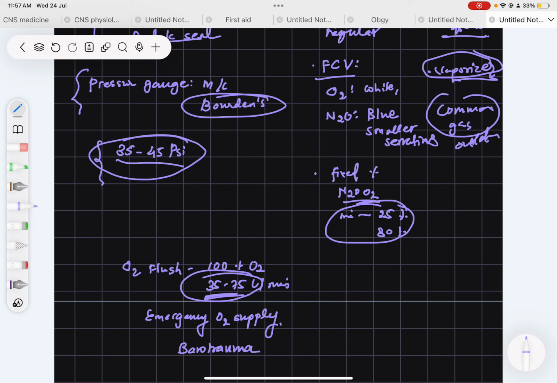Now we have prepared the patient, we have done the pre-anesthetic checkup, we have prepared the patient for the surgery, monitored all the drugs, and the nil per oral period is maintained. So we are now fully prepared to do the surgery on the patient.